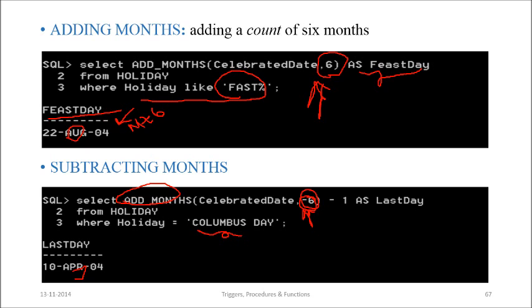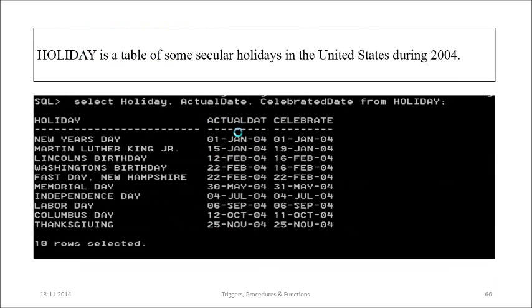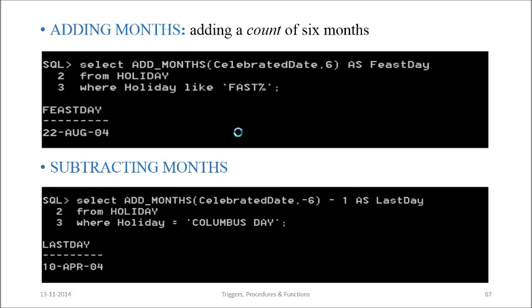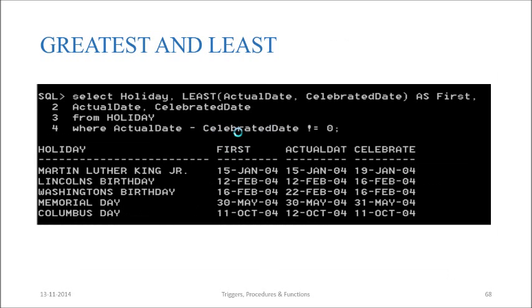So here April is printing, otherwise it was actually in October, but here we are printing April, that is 6 months prior. And similarly with the feast, it was in February and we are printing it as August, because here 6 months is added and here subtracting 6 months is deducted.